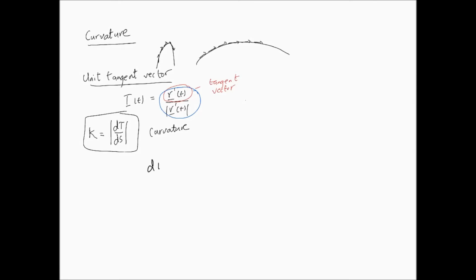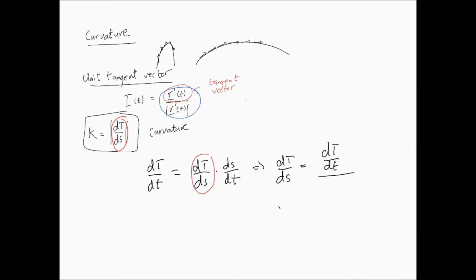Going back to dT/dt, it can be written as dT/ds multiplied by ds/dt. So this implies we can rewrite this as dT/ds equals dT/dt divided by ds/dt.